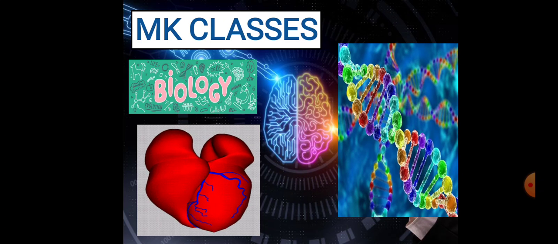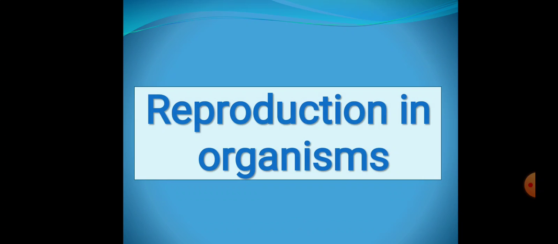In the previous video of the chapter Reproduction in Organisms, we were studying about events in sexual reproduction, that is pre-fertilization, fertilization and post-fertilization events.